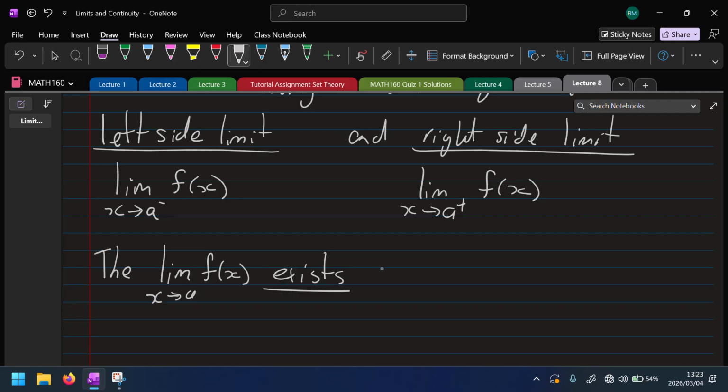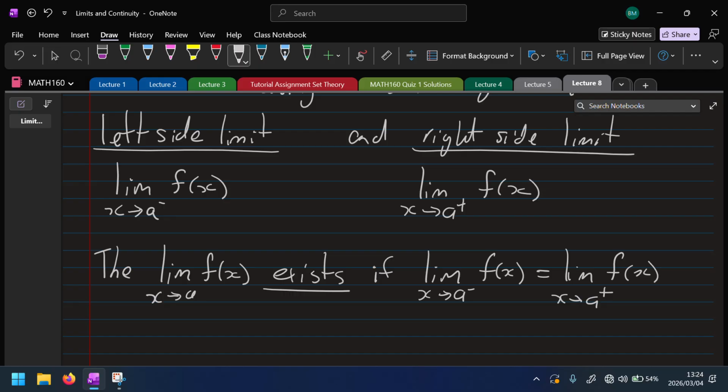So the limit exists if the limit as x approaches a minus, so the one from the left, exists and is equal to the limit as x goes to a plus, that's using values greater than a. Then whatever value we get for that, we assign that to the limit. So in other words, whatever limit question we get, in practice, we need to check both of those side limits in order for the limit to exist.